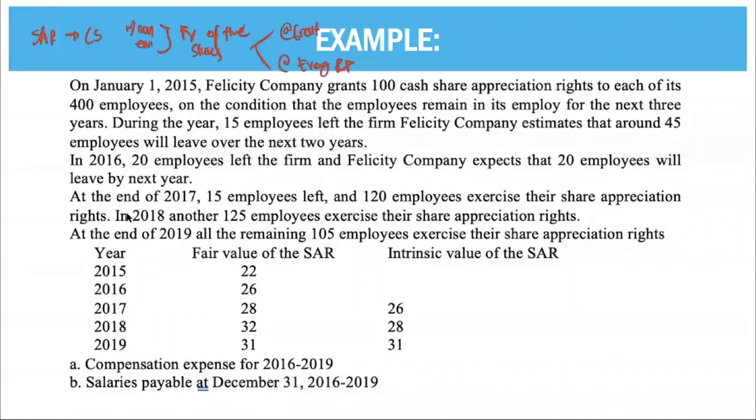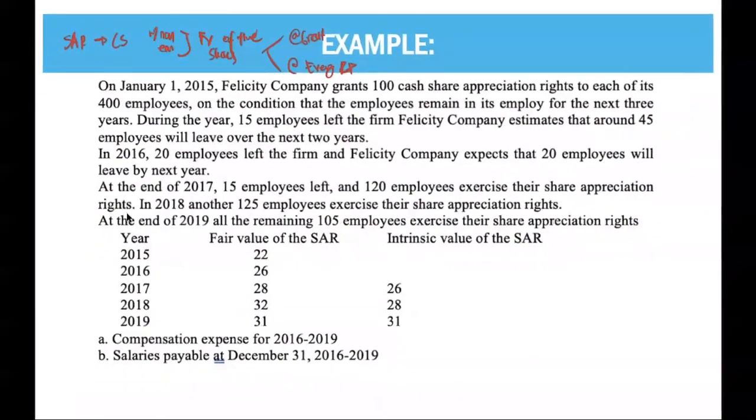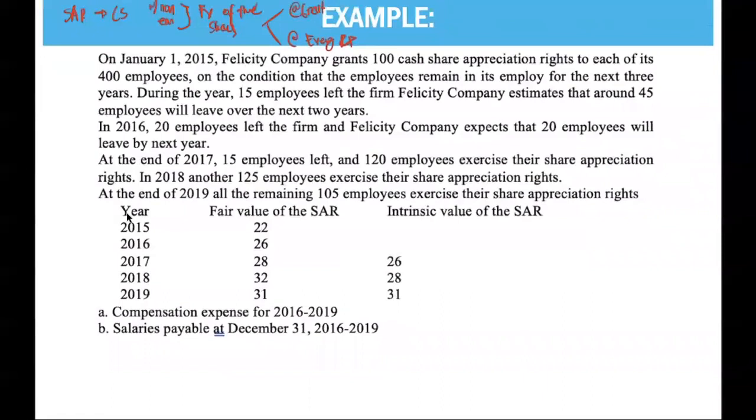Okay. So on January 1, 2015, Felicity Company grants 100 cash share appreciation rights to each of its 400 employees on the condition that the employees remain in its employ for the next 3 years. During the year 15 employees left the firm. Felicity estimates around 45 employees will leave over the next 2 years.